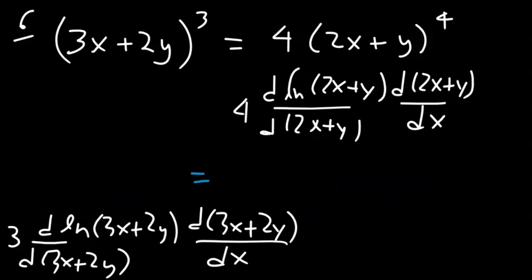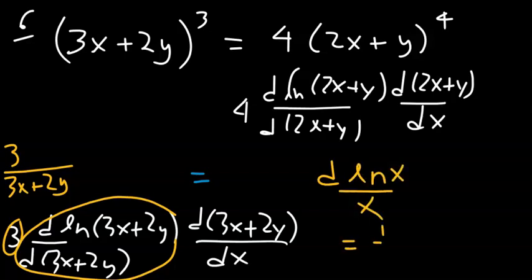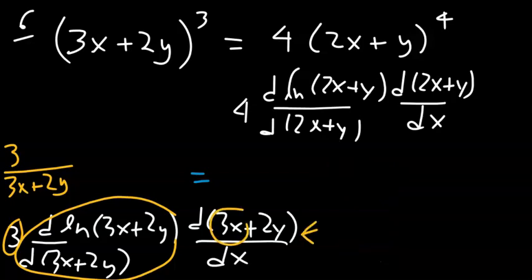Let's do the left-hand side. The left-hand side is just that 3, and this is just over (3x plus 2y). It's like you're differentiating natural log of x with respect to x, and you get 1 over x. Now this term. The first term will simply give you 3.